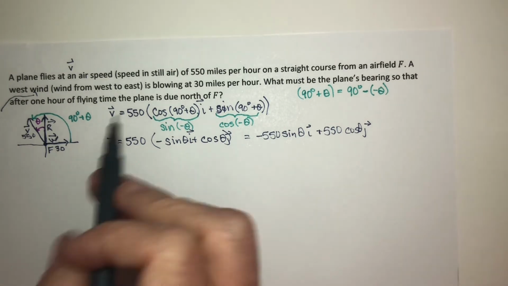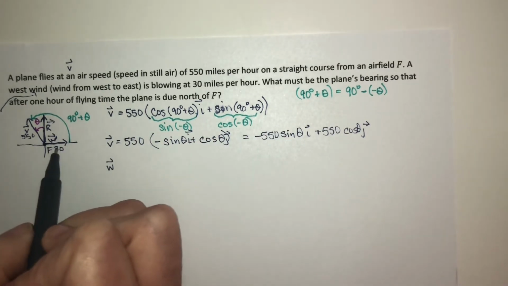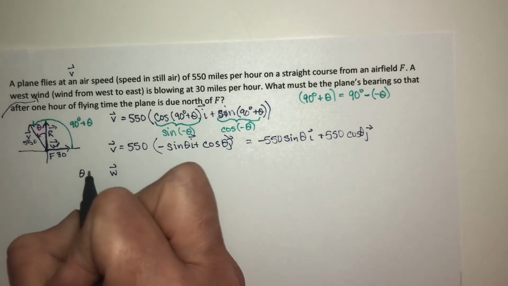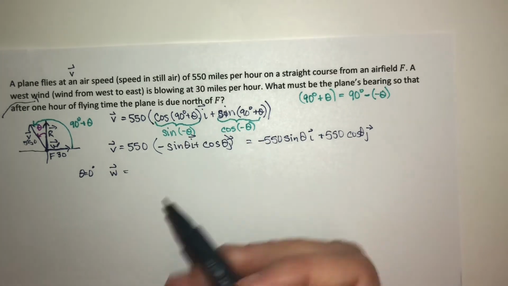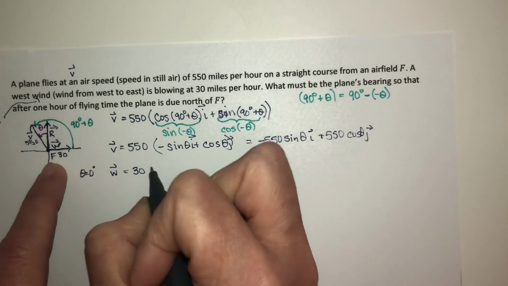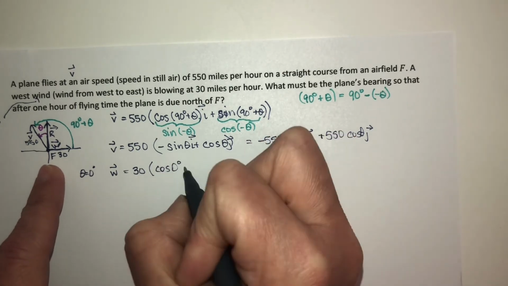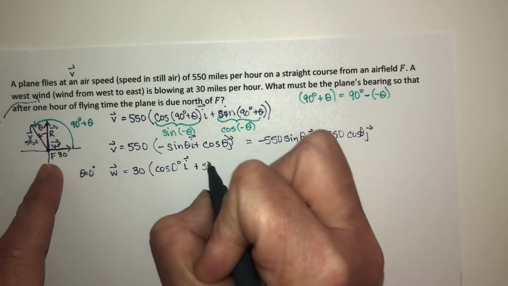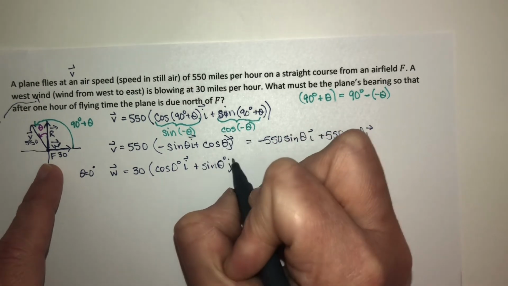Okay, now w. It's on the x-axis, so our theta value for w is 0 degrees. So my vector is the magnitude, 30, times cosine of 0 degrees, i, plus sine of 0 degrees, not theta, 0 degrees, j.